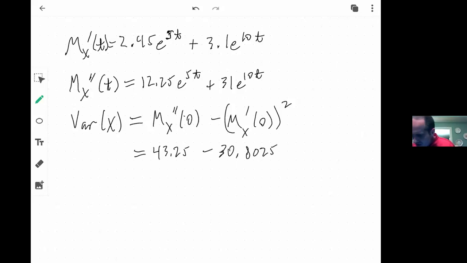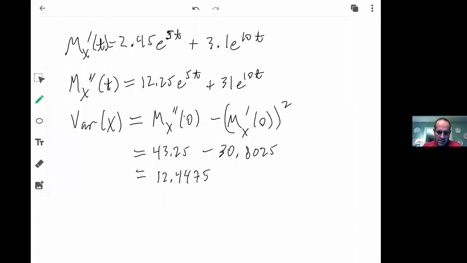Okay, so 43.25 minus the answer here. Okay, so it's 12.4475. Okay, so there we have it. And there was another question here at the bottom that I want to come back to in just a second.